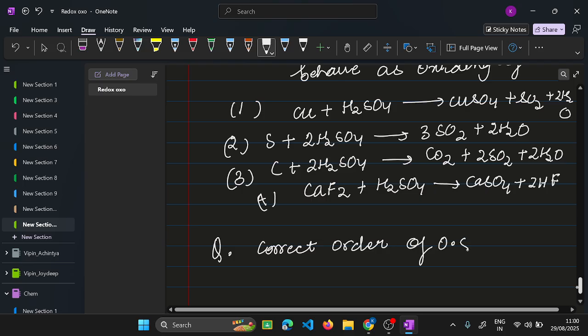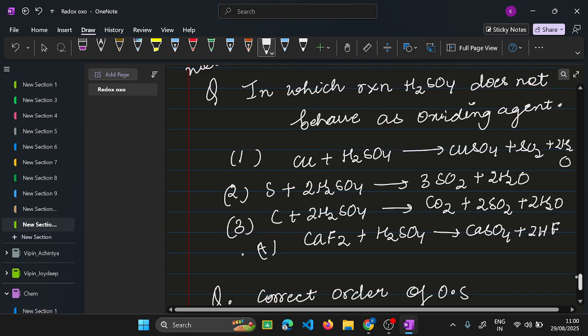I think the last one. Last one, right, because there is no change in the oxidation state.